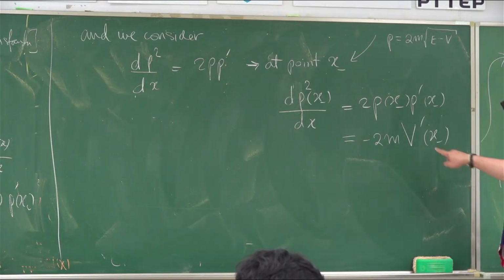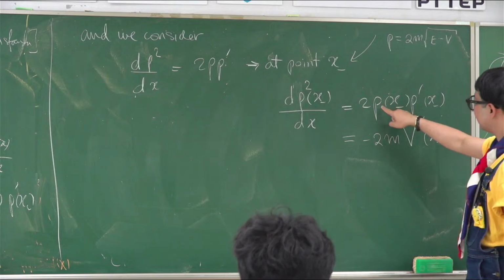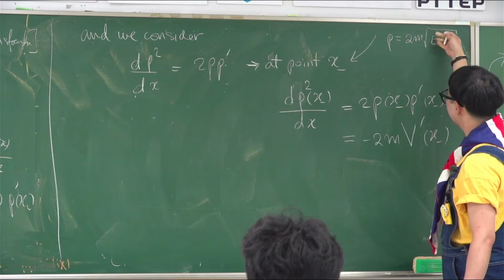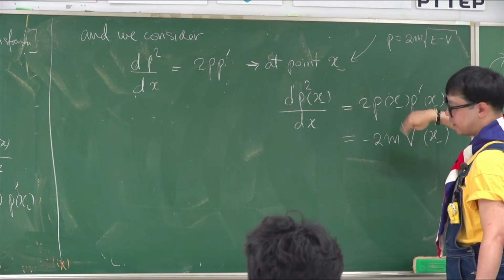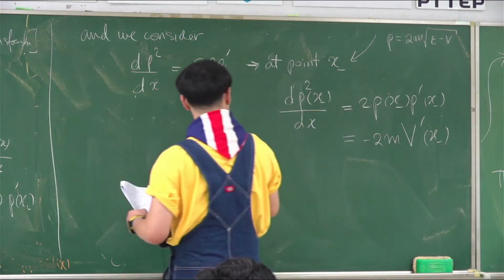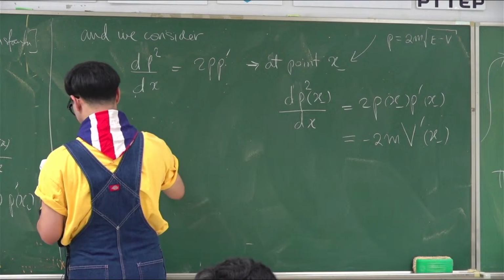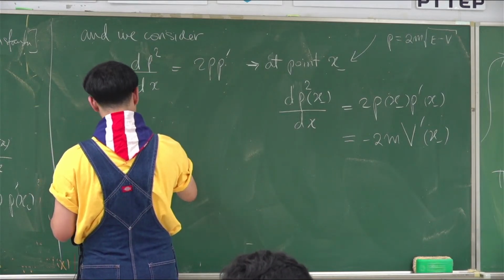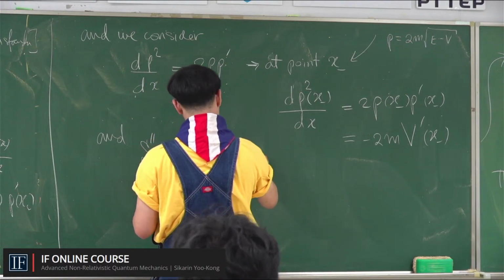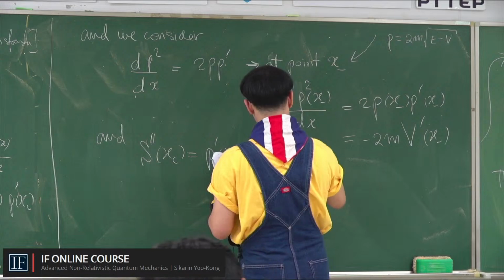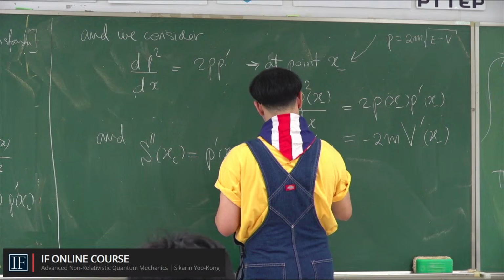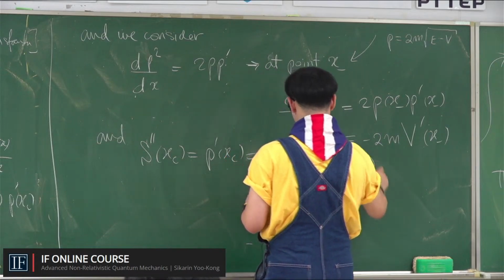Can you see that we get this? Because your p is a square root, when you do the derivative, the square root goes down and they cancel each other, and then you are left with this.